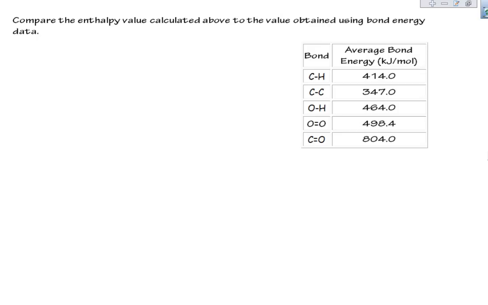Oh, yeah. So we have the same equation. Let's say we got the 2C2H6 plus the 7 oxygen, and then we got the 4 carbon dioxide and the 6 waters.